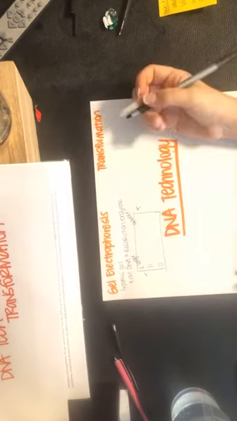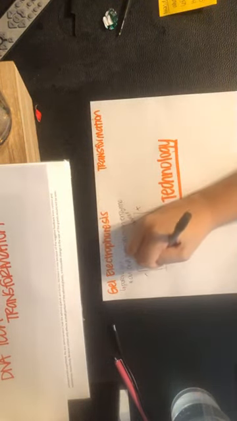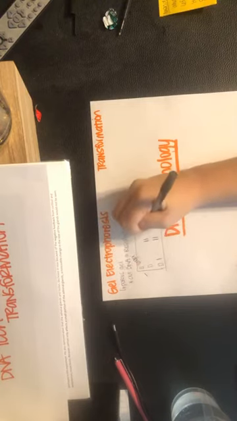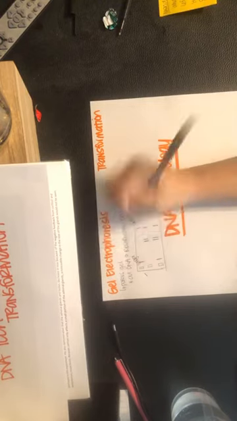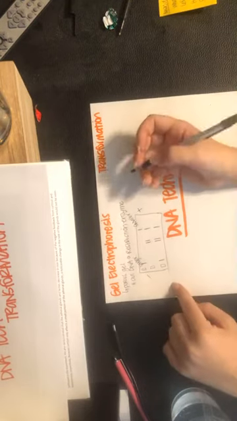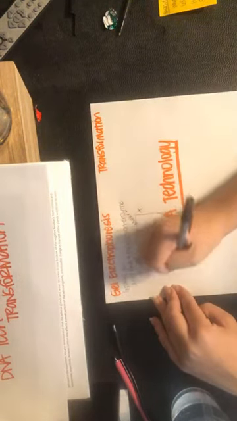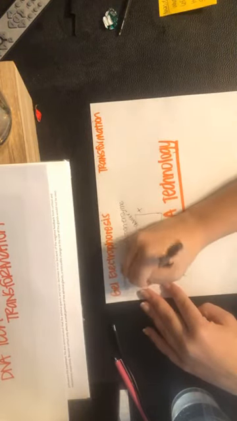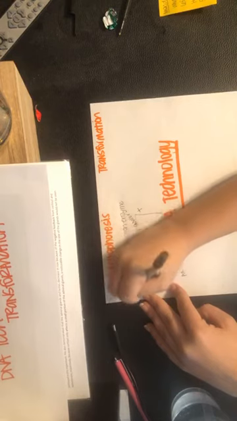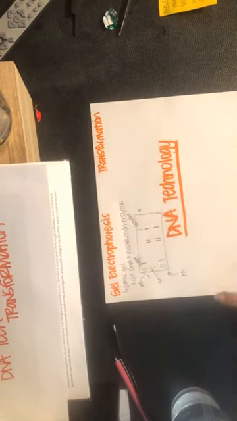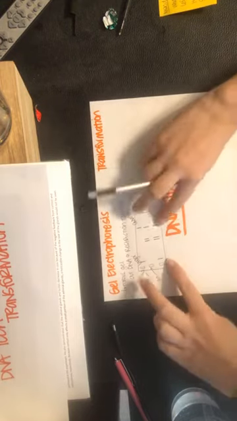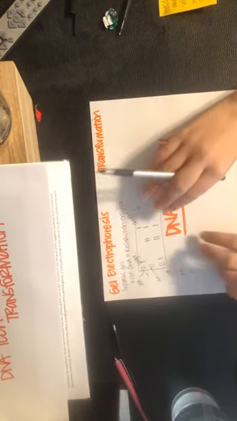And so as I was talking about with the banding pattern, if I have these bands here, and then I have this, and then I have this, this can tell me that what I have is an individual that is heterozygous, while this one could be your homozygous recessive, and then this one could be your homozygous dominant, because you see the same banding pattern between this one, and then you see the same banding pattern between this one and this one.